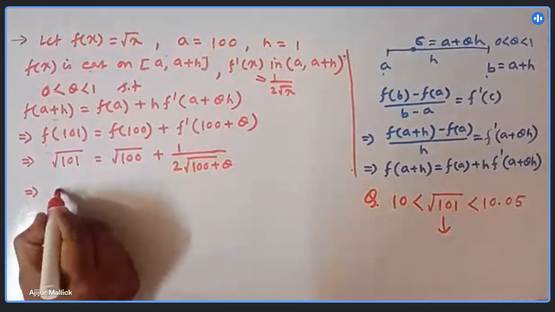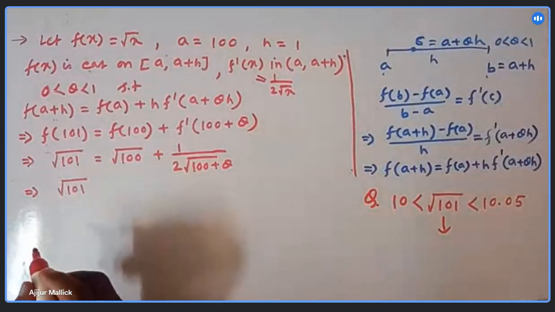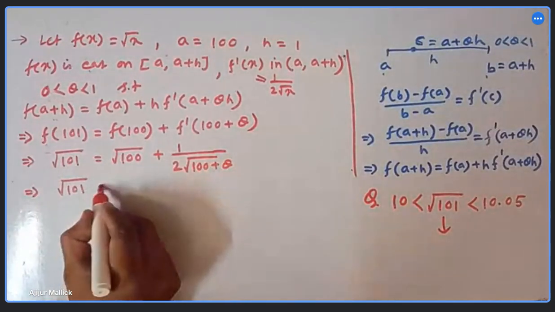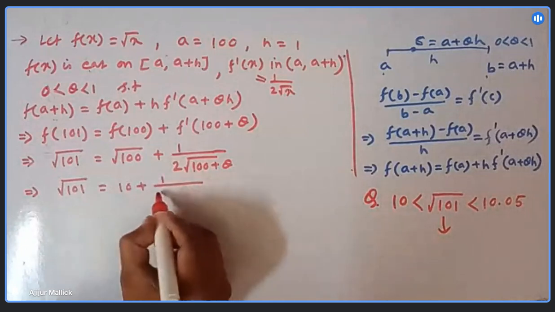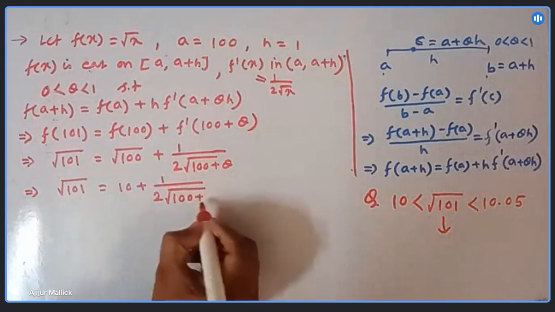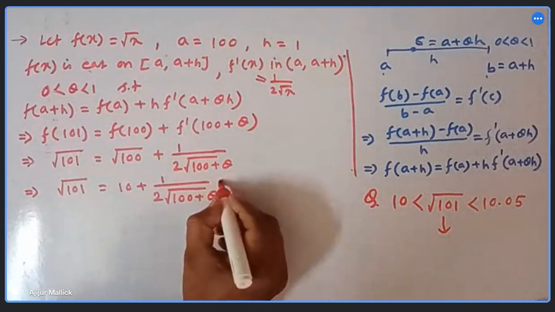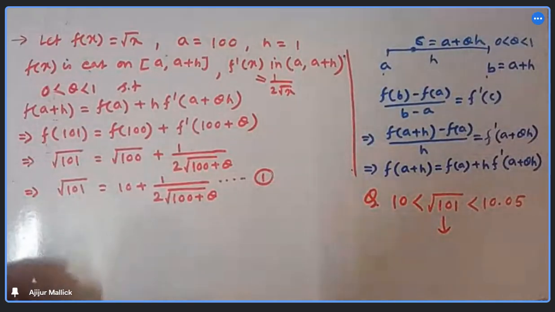So root of 101 is equal to 10 plus 1 divided by 2 into root of 100 plus theta. This is number 1.